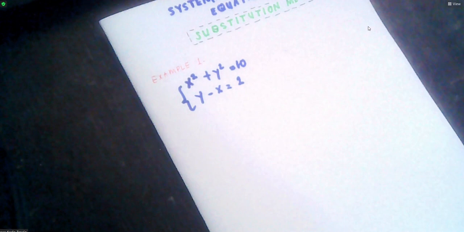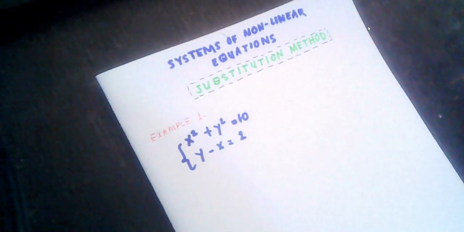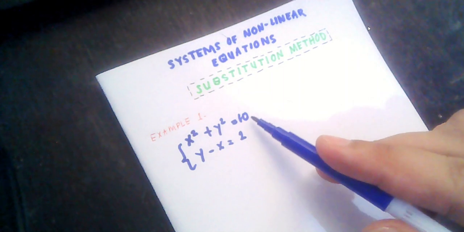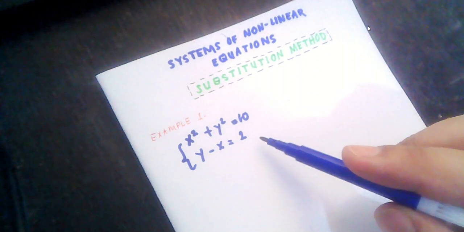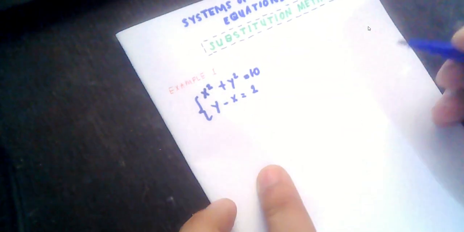Okay, so let us try to solve the first example of substitution method. So as you can see, you have two equations. One is nonlinear, one is linear, qualified for a system of nonlinear equation because we have one. So let us try to solve.